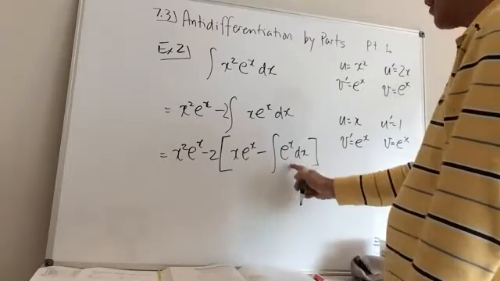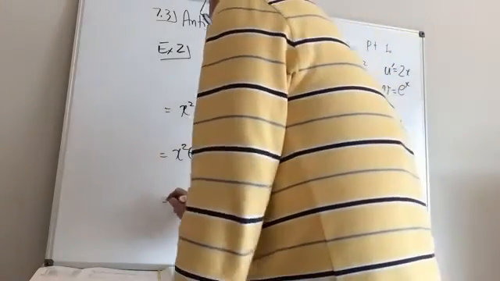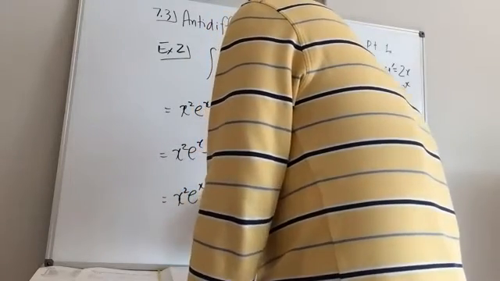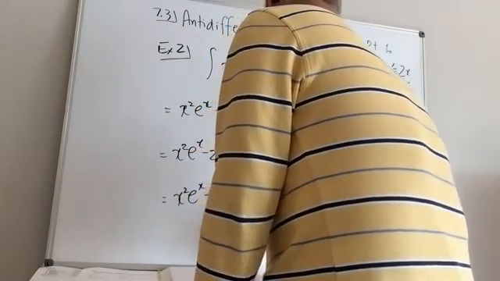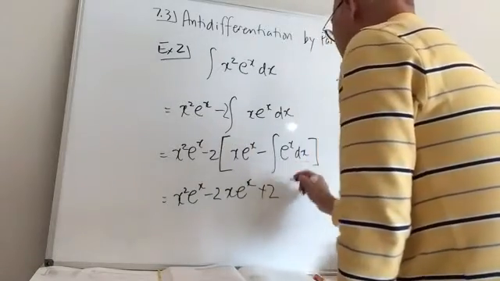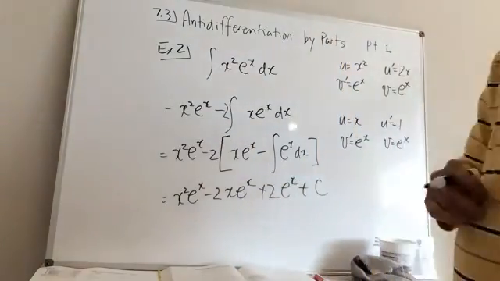Okay? So now I know how to do this. Now these are all done. So I get x squared e to the x minus 2 times x e to the x. Minus minus cancels out. I get plus 2 e to the x plus c.